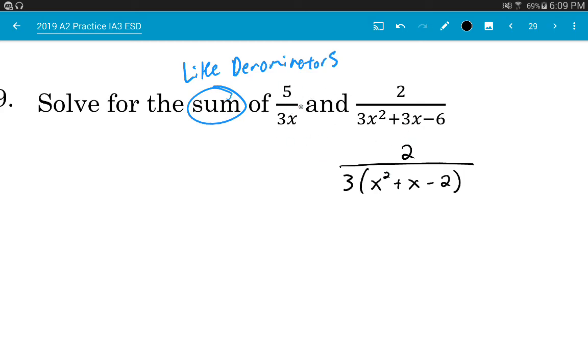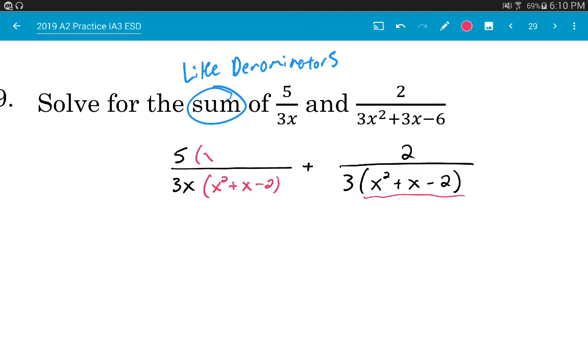This one's got to have a like denominator, so let's see. I'm going to be able to add these. Make a big fraction bar, so I've got some space. This is 5 over 3x. So now here's what I'm missing. This is not over here, so x squared plus x minus 2.